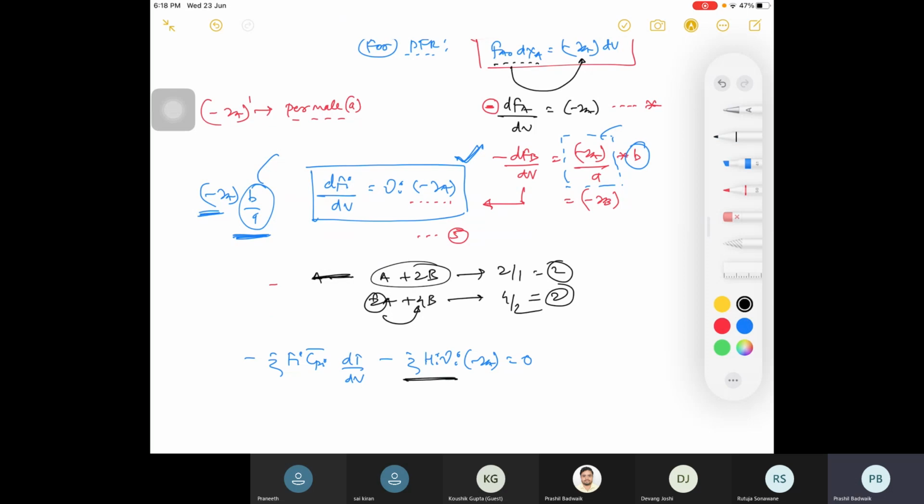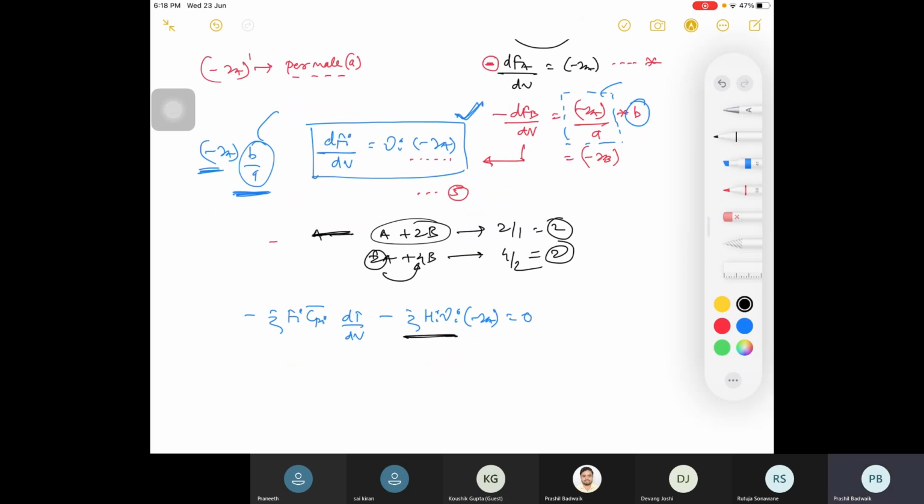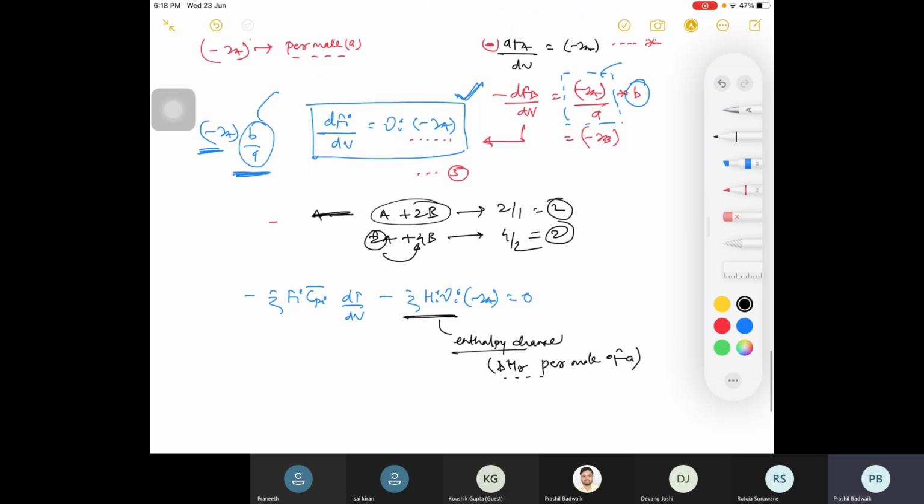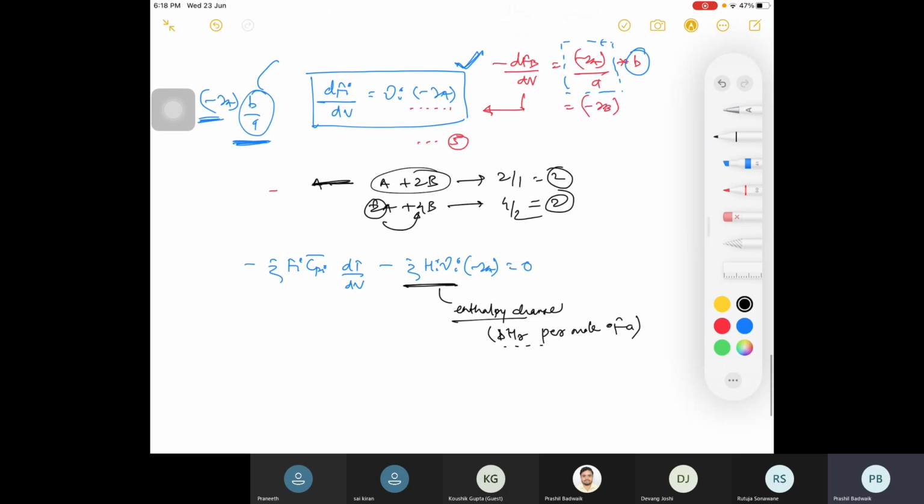So please replace this term. What is that? Summation of hi into nu i, and this is per mole of A. This is your enthalpy change, or your heat of reaction. I write delta HR reaction per mole of A. Enthalpy of reaction per mole of A, right?